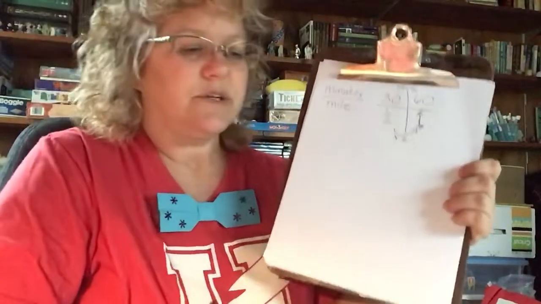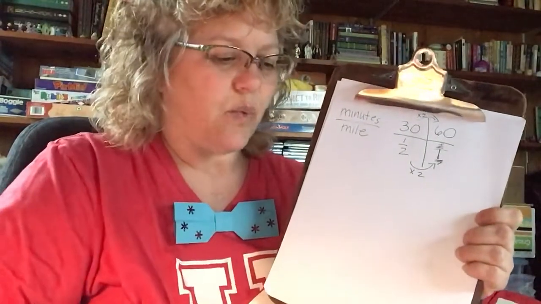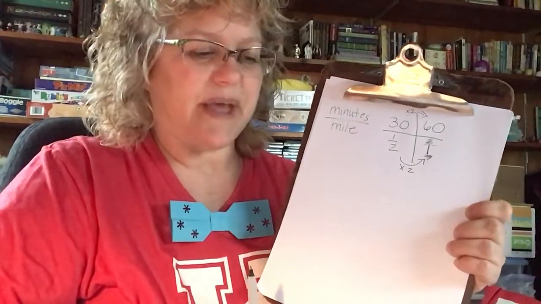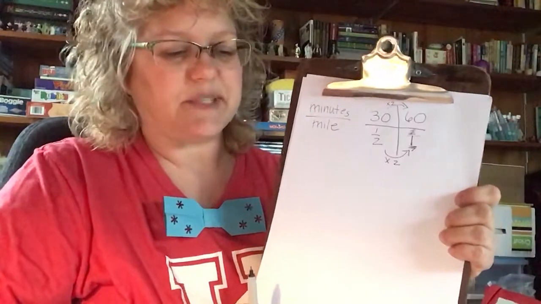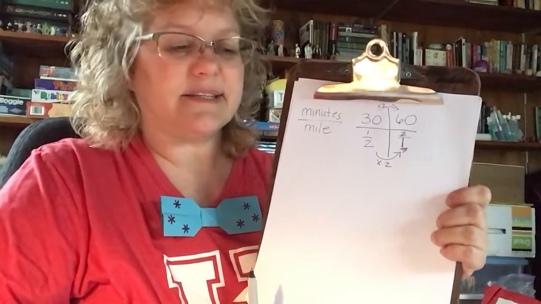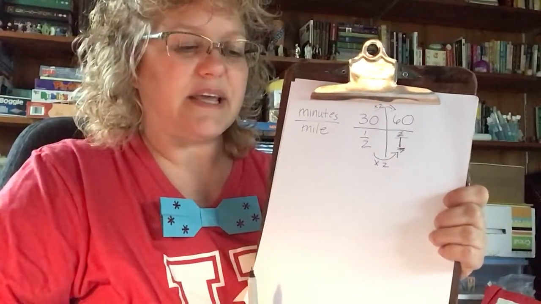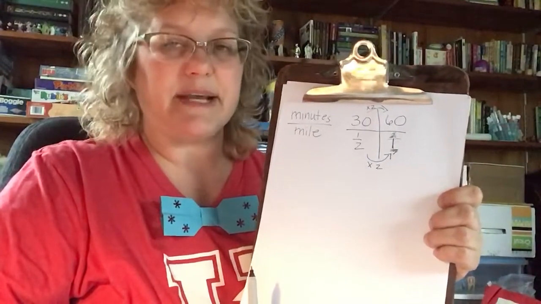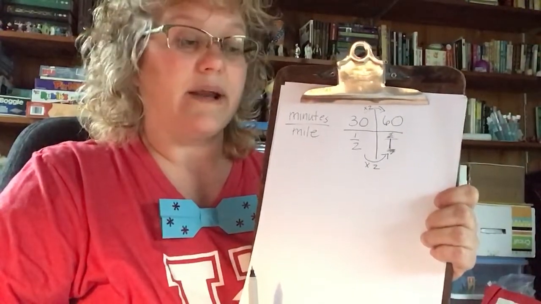It ends up being 60. So the question was, what was his pace per mile? His pace per mile is going to be 60 minutes to do 1 mile.